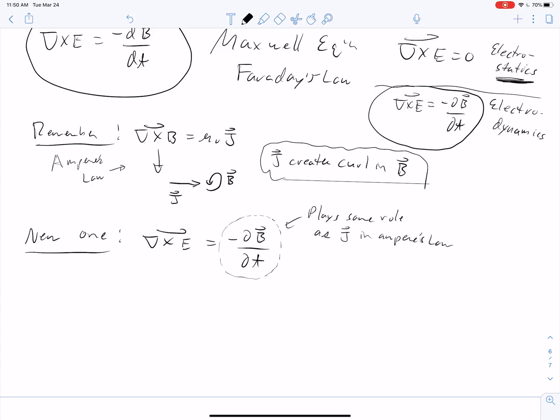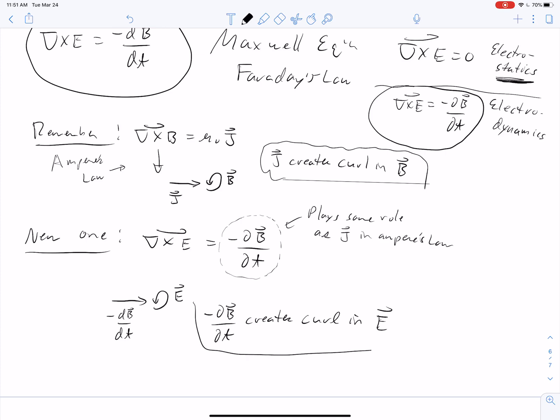And so what that means is that now if I have some negative dB dt pointing in some direction, then that creates curl in E. And so I can say that negative dB dt creates curl in E. And so it's the same geometry.